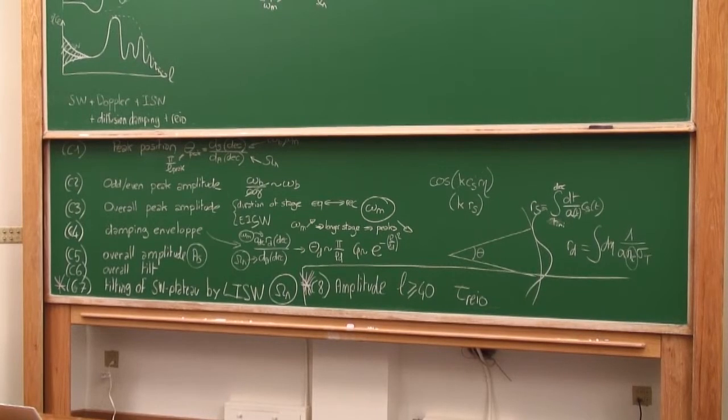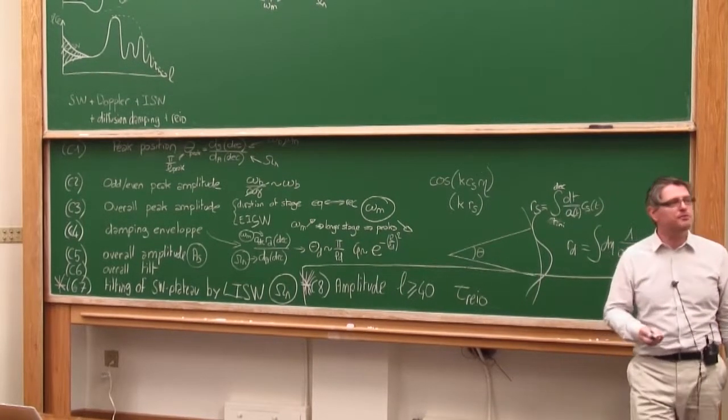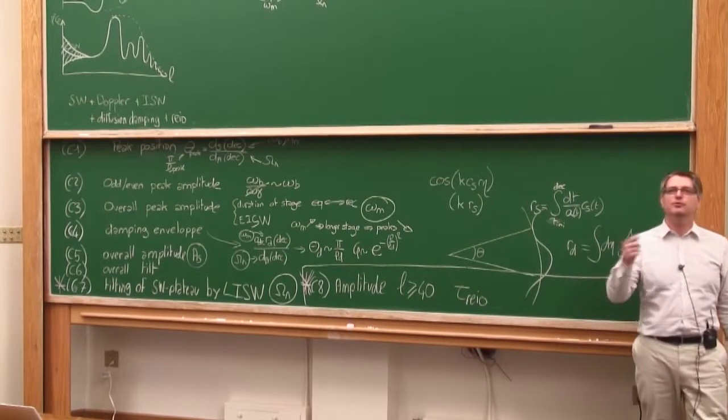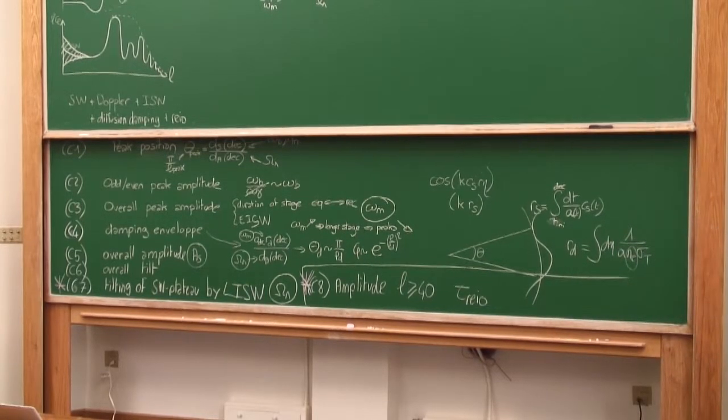And this is why WMAP needs external information from direct measurements of age or BAOs in order to get the spectacular constraints that you know on the smallness of curvature in the universe. There are many more extensions of this minimal model.